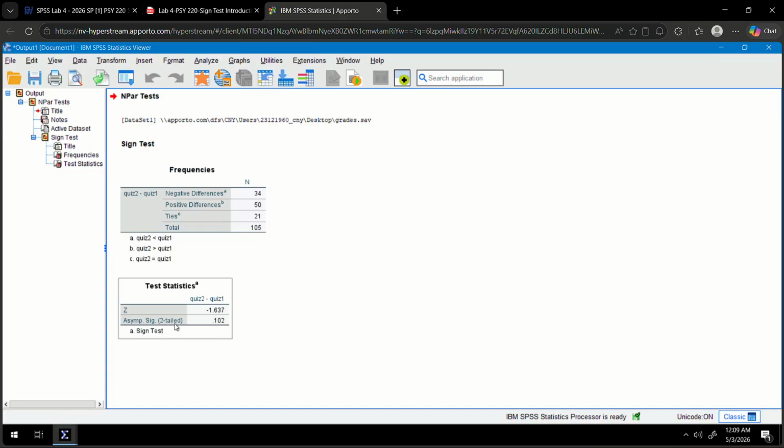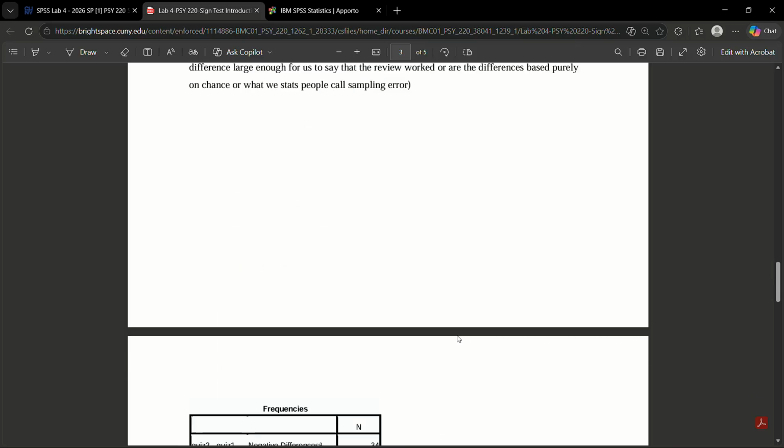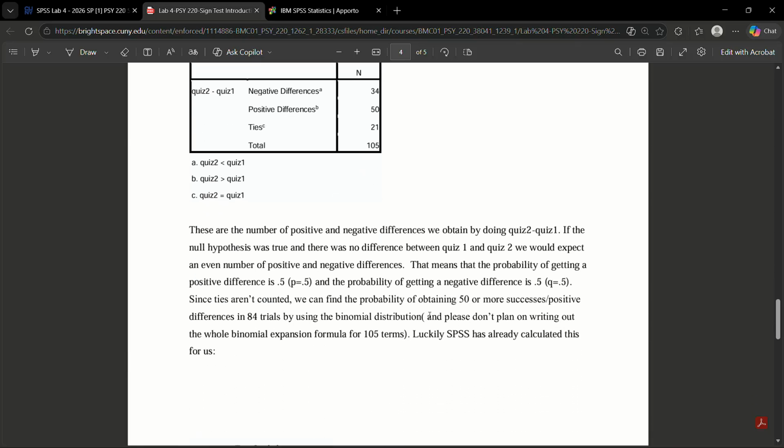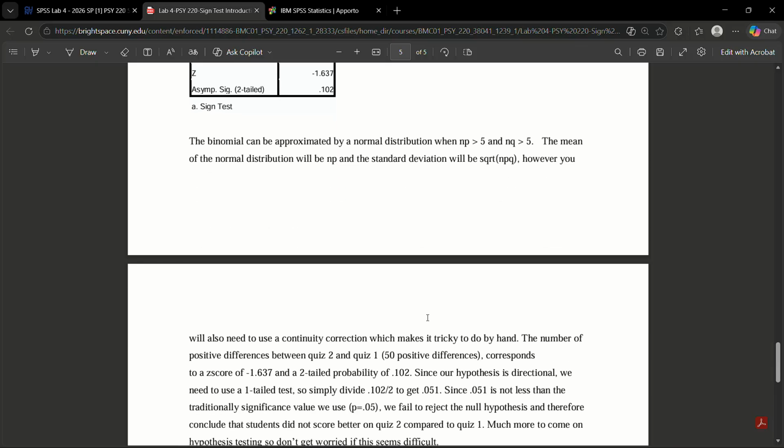This significance value, this p-value, would have to be less than 0.05 for us to conclude that there is a difference. So in this case, there is no difference between quiz 2 and quiz 1. We fail to reject the null hypothesis. And you can see this skimming through this, right? Fail to reject the null hypothesis.